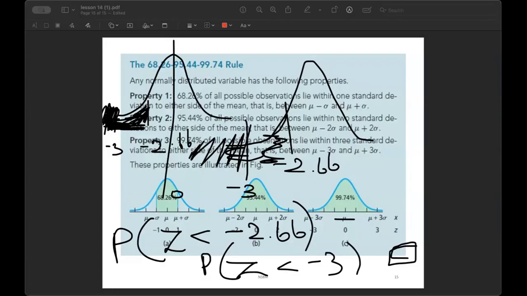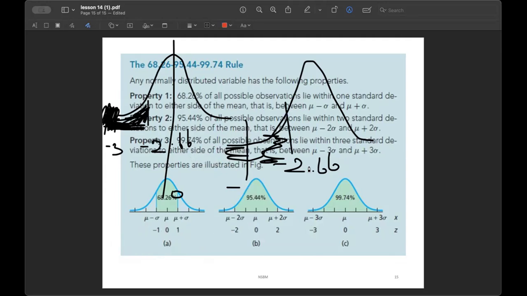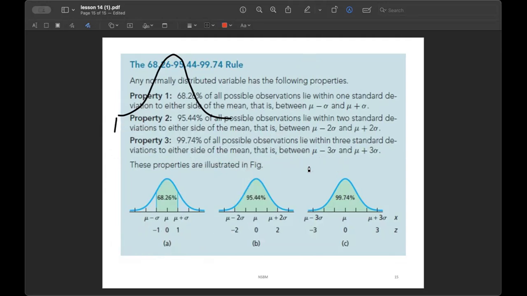Statistics lesson 14. Okay, so here, if I erase this part, this is the central limit theorem, the 68-95-99.7 rule. Normally, what they are saying is that mu plus sigma and mu minus sigma, and also mu plus 2 sigma and mu minus 2 sigma, are the regions.